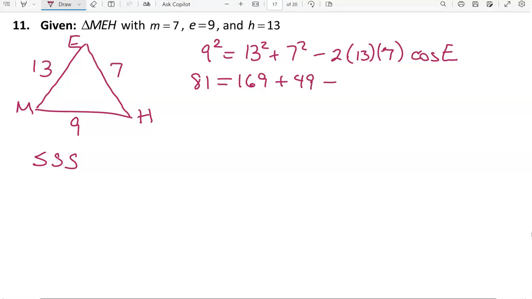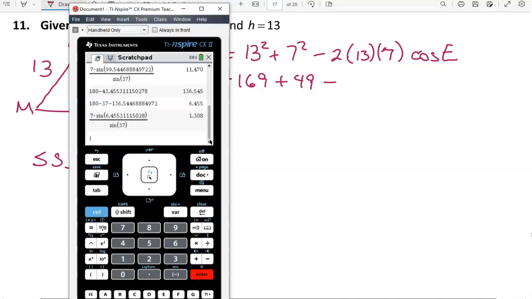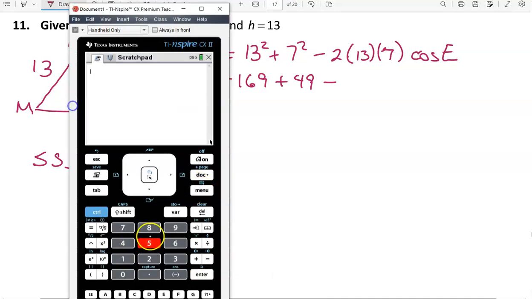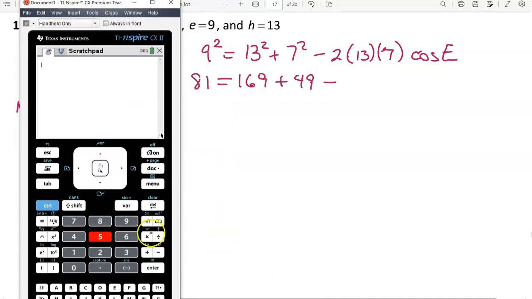And this will give us 14 times 13. I'm going to grab the calculator for that calculation. 2 times 13 times 7. Help if I type it right. Is 182.